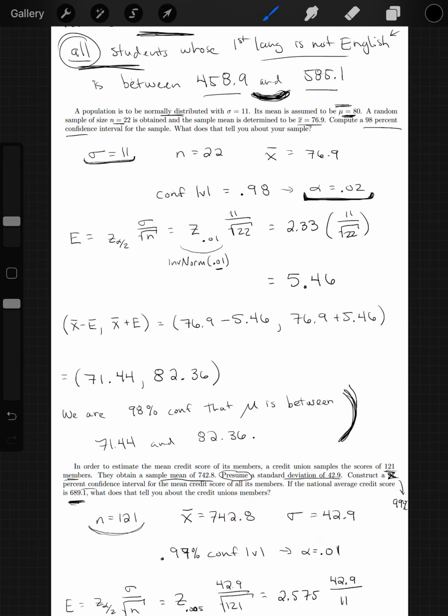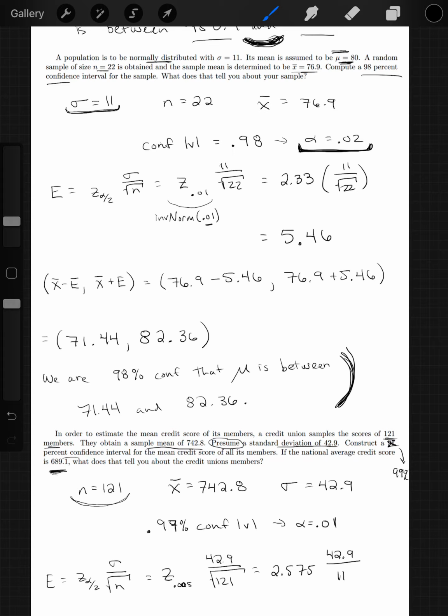Okay, so the next question didn't have as much surrounding words. It was just sort of some values that were given. But one thing we notice is that this one tells us that the population is normally distributed, right? Remember, one of our requirements is that either the population is normally distributed or n is bigger than 30, right?